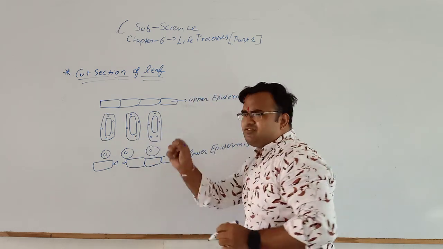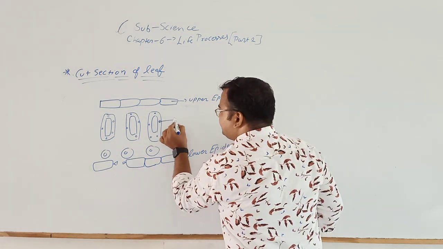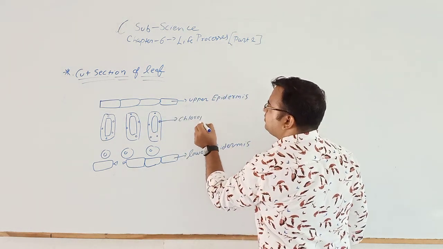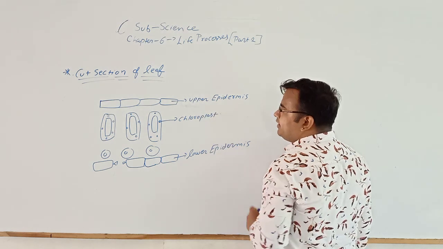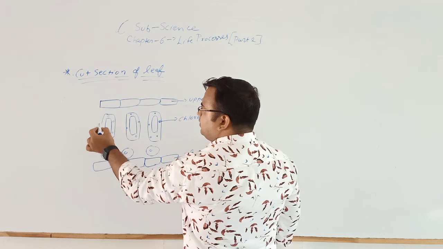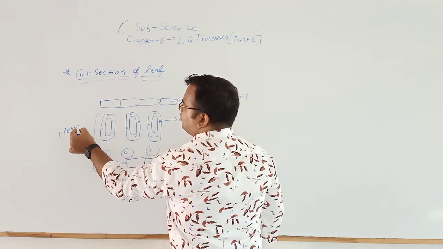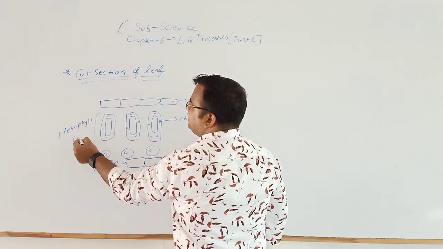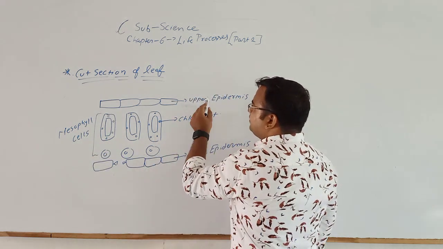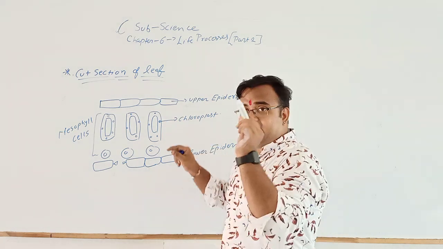Now see, these small granule-like structures are known as chloroplast. And these cylindrical cells and circular cells are known as mesophyll cells. Okay, this is upper epidermis, lower epidermis, chloroplast.